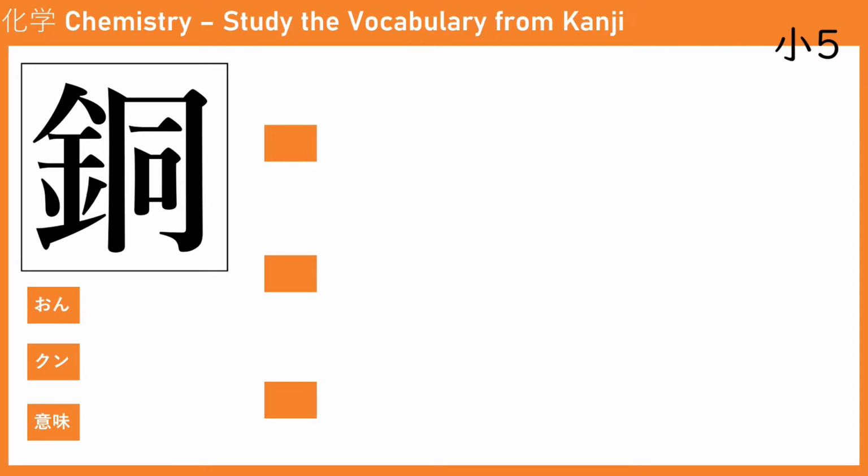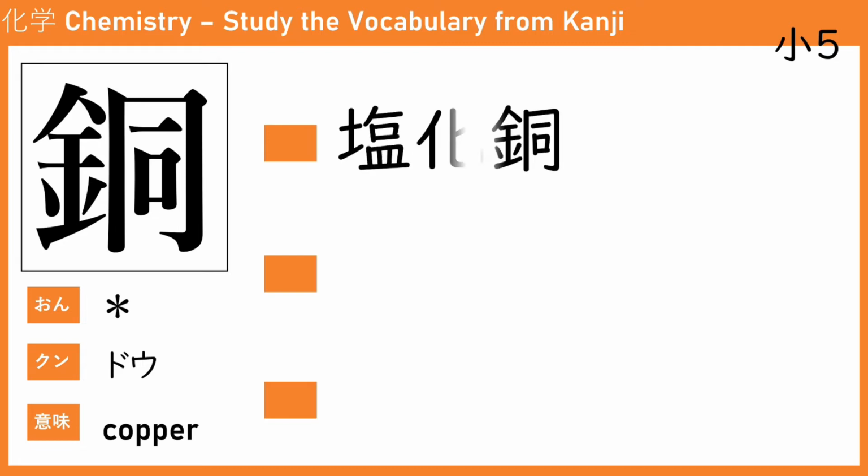The next kanji is do, which means copper. So the first one is enka do. Do means copper, ka means to change, and en can mean salt or chlorine.